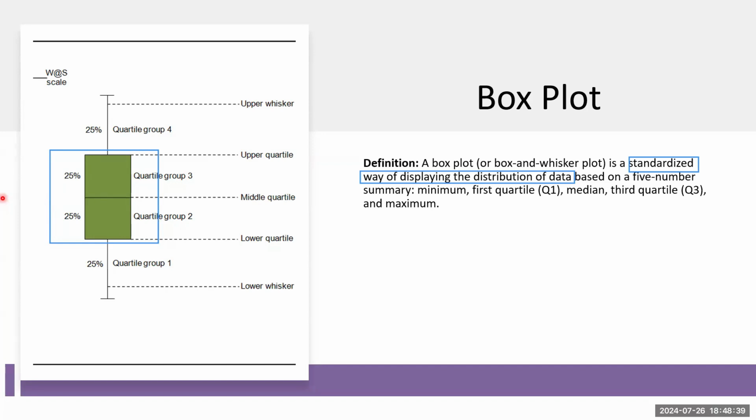The middle box represents the middle 50 percent of the scores for the group. The range of scores from the lower to the upper quartile is referred to as the interquartile range. So the middle 50 percent of scores fall within the interquartile range. Here, 25 and 25 gives us 50, so the middle 50 percent of the scores will fall within this interquartile range.